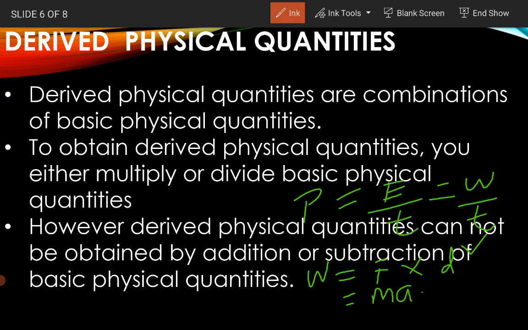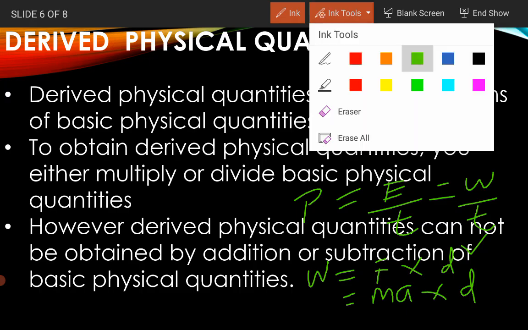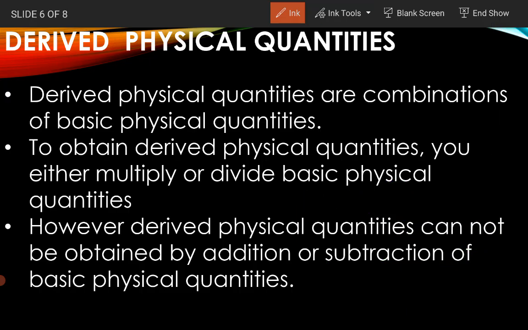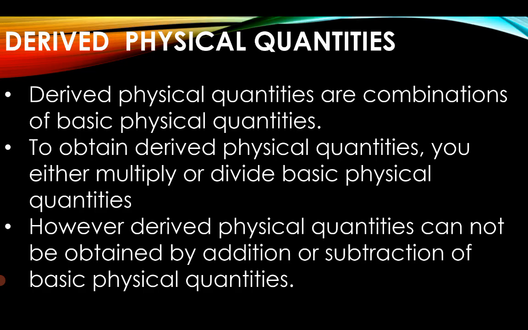So mass times acceleration times distance will give us work done. You meet a lot of these in your AS course, where you have to combine a number of basic quantities in order to obtain derived quantities.